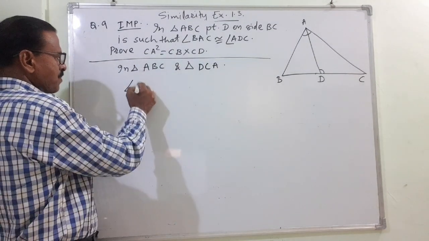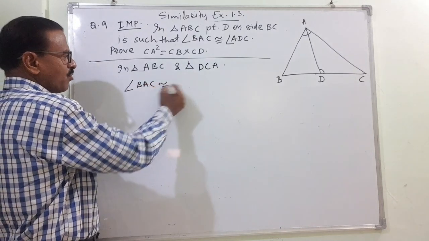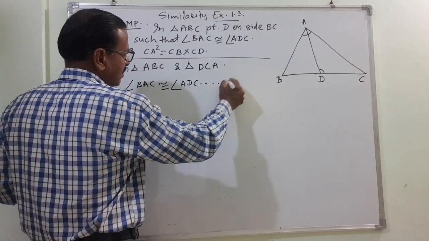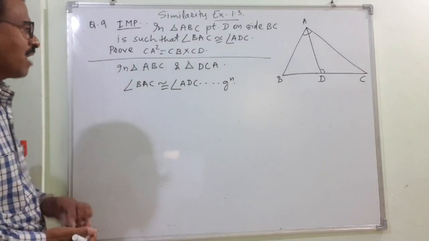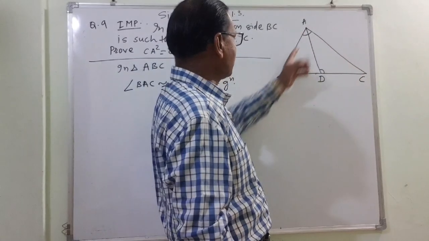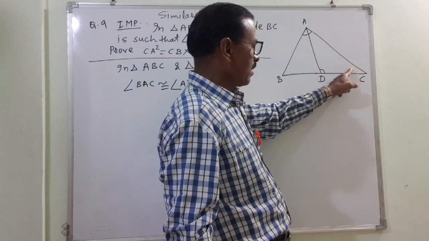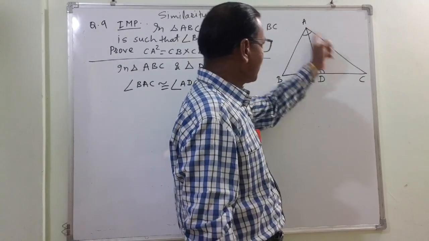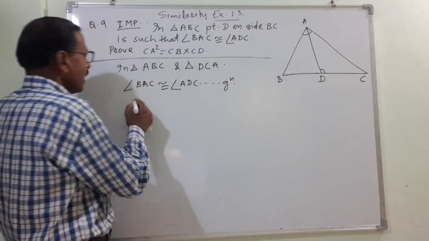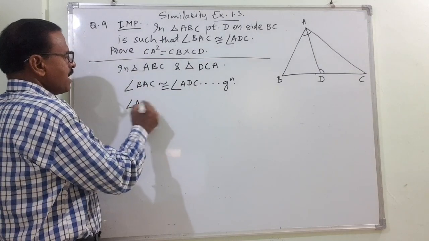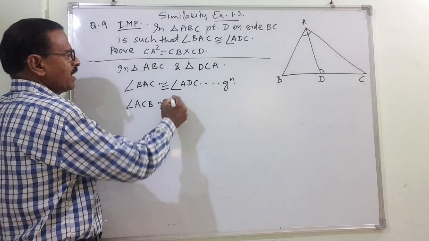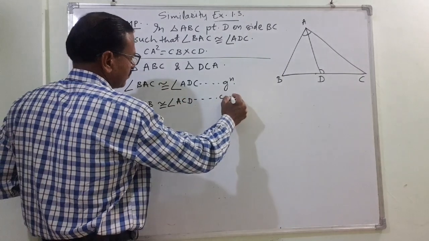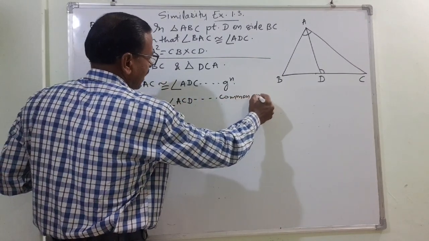Angle BAC congruent angle ADC. This is given. Now this bigger triangle and this smaller triangle, angle C is same. So I will write angle ACB for the bigger triangle is congruent to angle ACD for the smaller triangle. Reason is common angle.